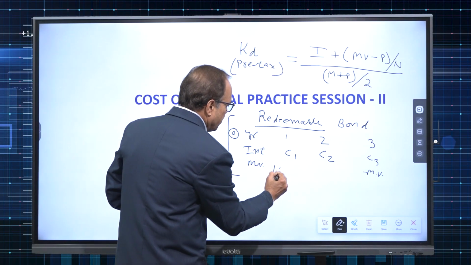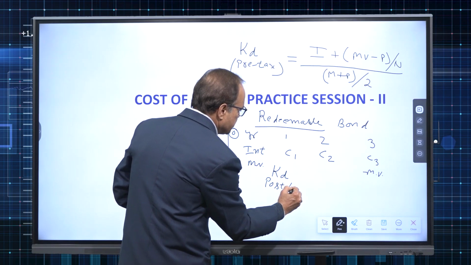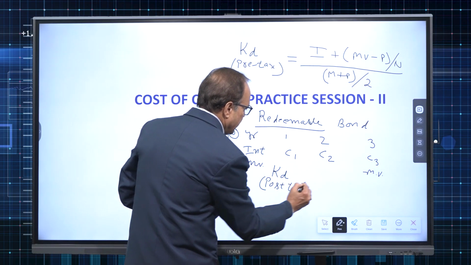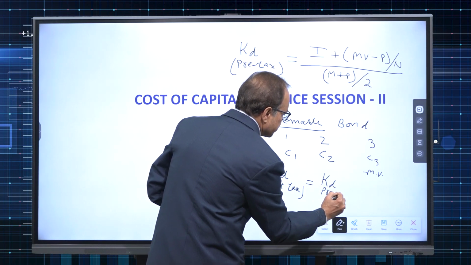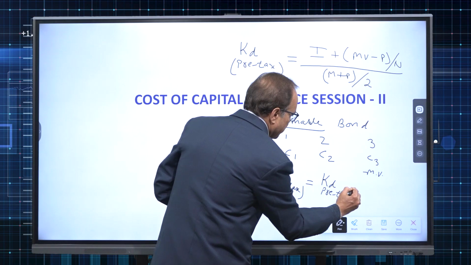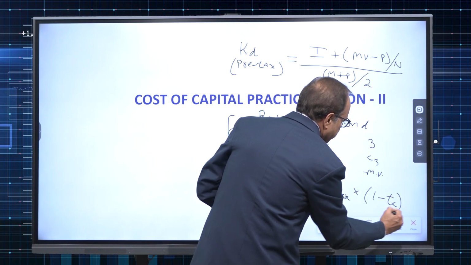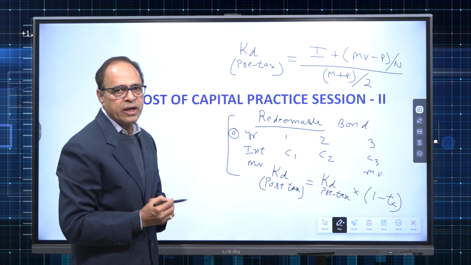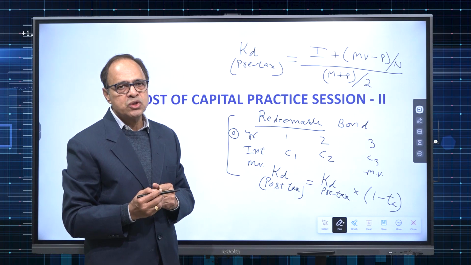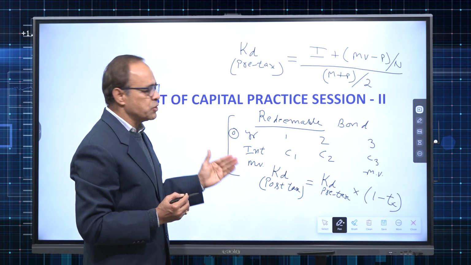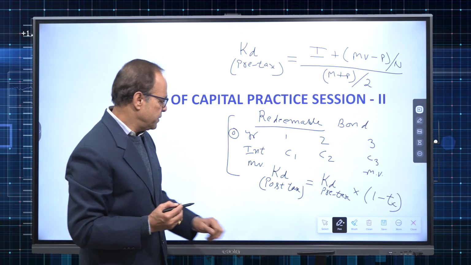So KD post tax is equals to KD pre-tax multiplied with (1 minus TC). So these are the formula we use for calculating cost of debt, pre-tax cost and post-tax cost. So let us practice numerical on that and then we will proceed further.